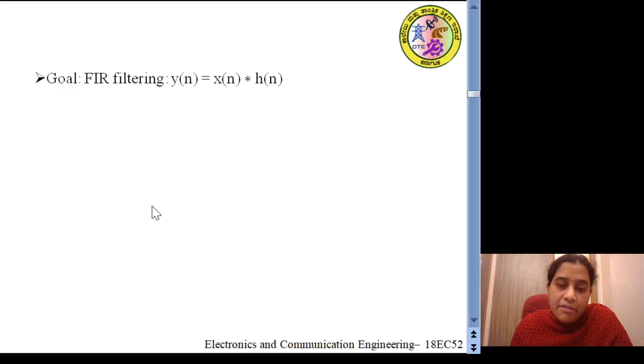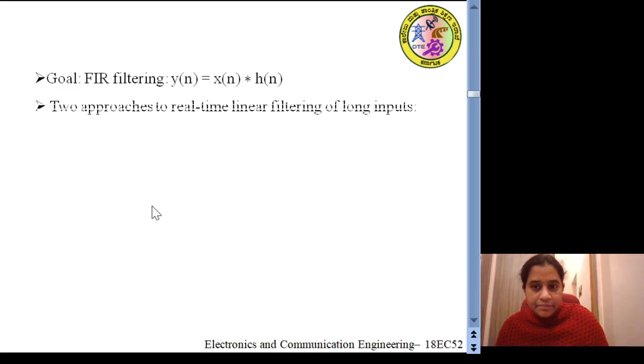That is, our LTI system is acting as an FIR filter, and y of n is the FIR filtered output, which is nothing but the linearly filtered output, x of n convolved with h of n.